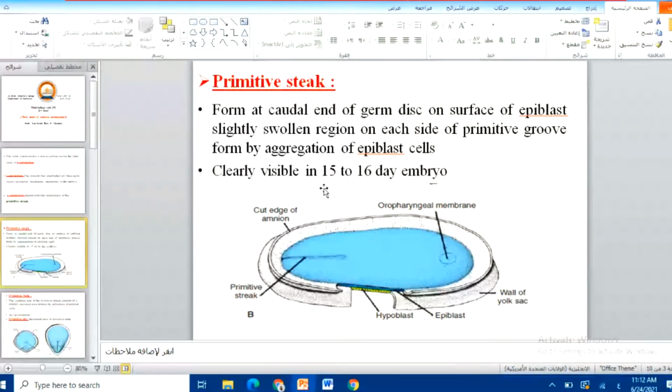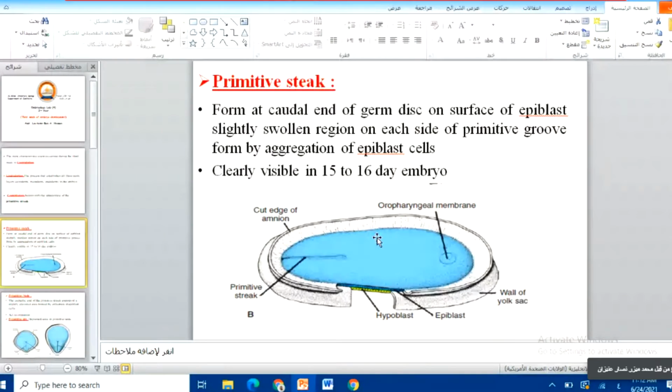Primitive streak. What is the primitive streak? This is the primitive streak. This figure is important. It will be asked in the exam. This will form at the caudal end, not the cranial end, of the germ disk, on the surface of the epiblast layer.